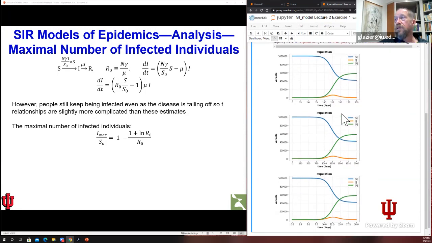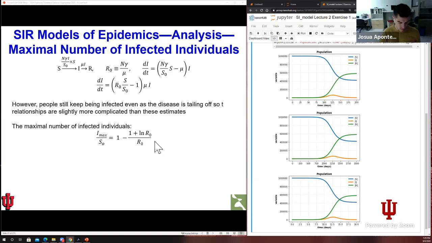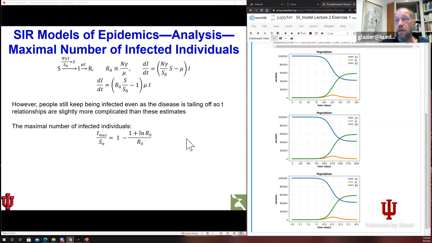And you'll notice that that depends on R naught, but didn't depend on mu. It happens to be analytically 1 minus (1 plus log R naught) over R naught. You can actually calculate that by integrating the equations by parts. I'm not going to do it for you. You'll take it on faith, but we will check whether that works or not.